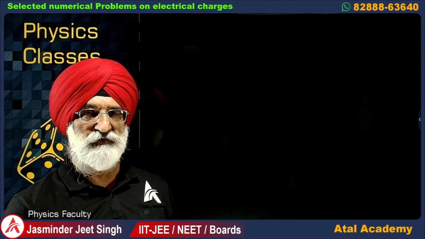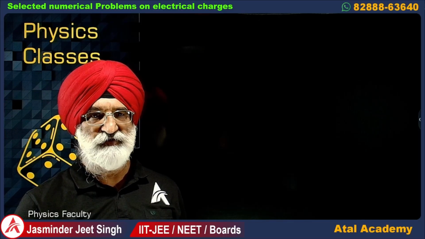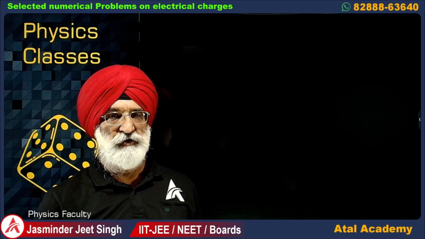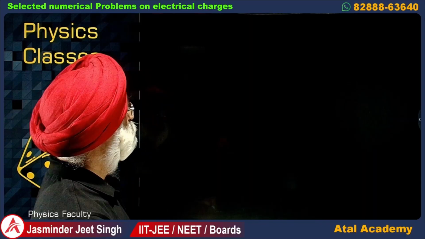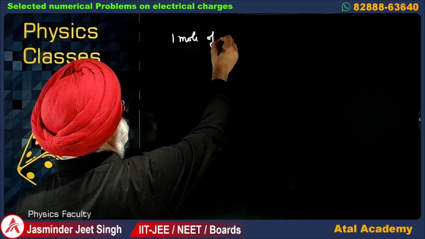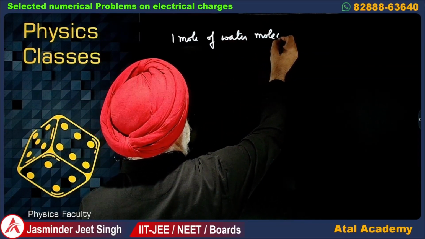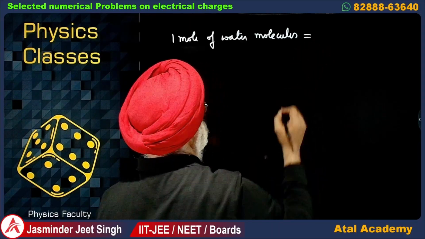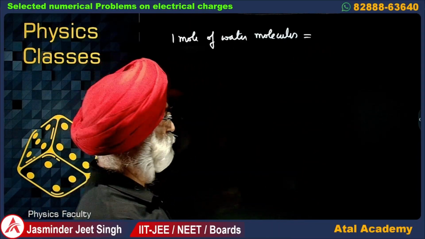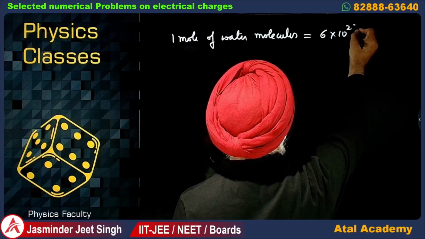Now we will be calculating the total number of molecules which are present in 270 grams of water. Now we know that 1 mole of water molecules has got 1 Avogadro number of molecules. That means 6 into 10 to the power of 23 molecules.